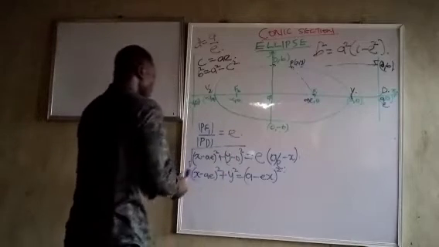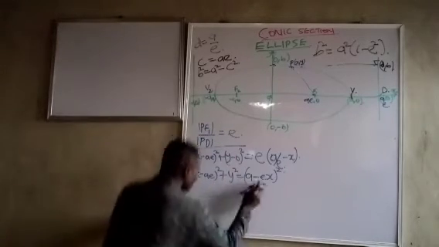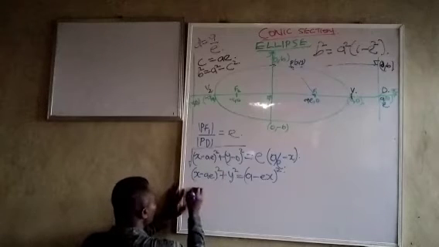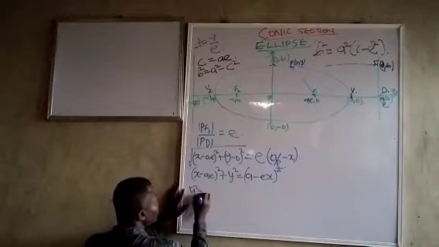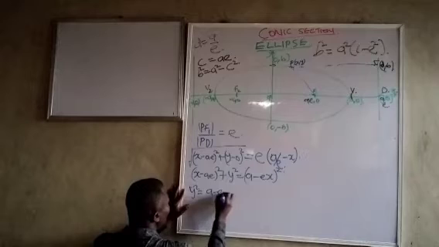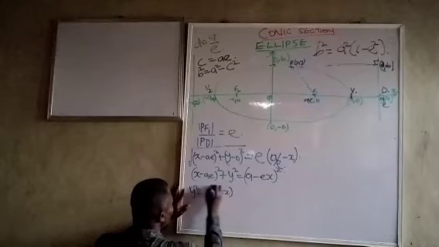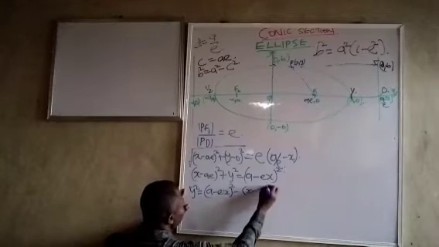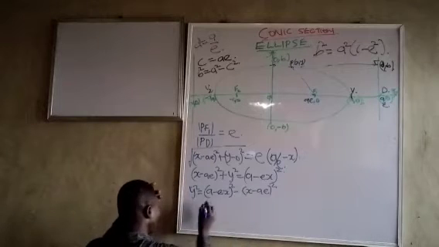Now, let's subtract x minus AE all squared from both sides. We have y squared equals A minus EX squared minus x minus AE squared. So let's use the difference of two squares.